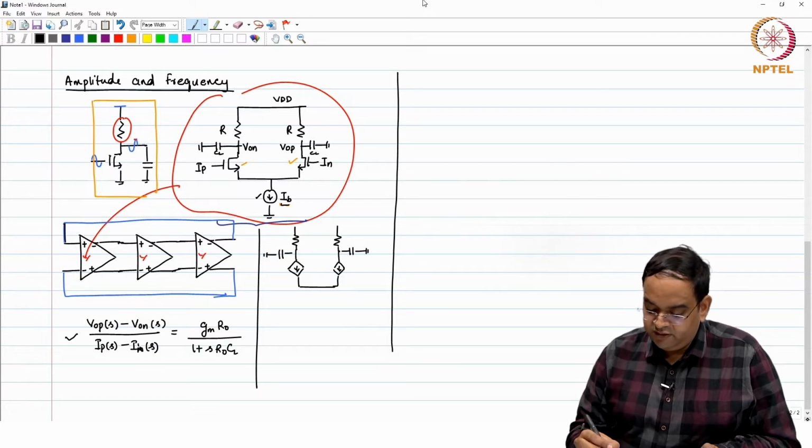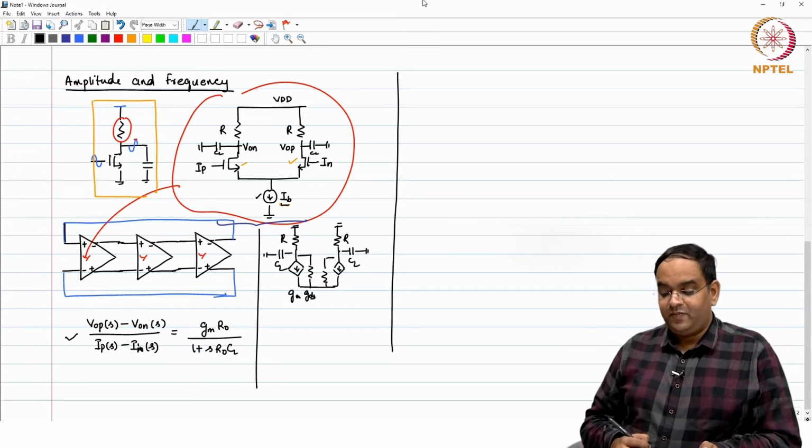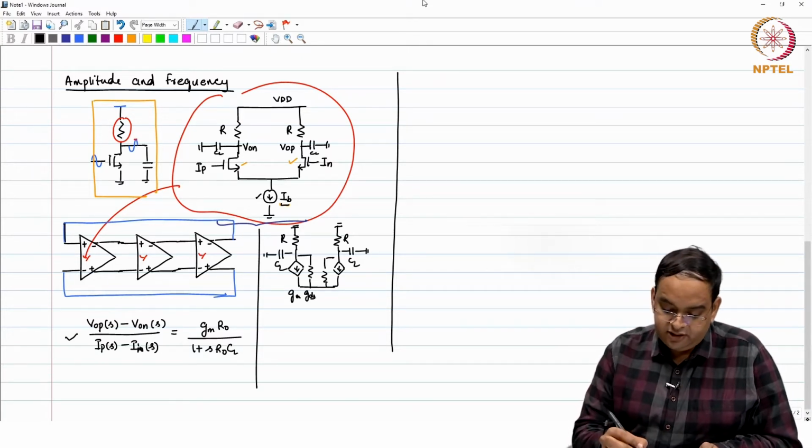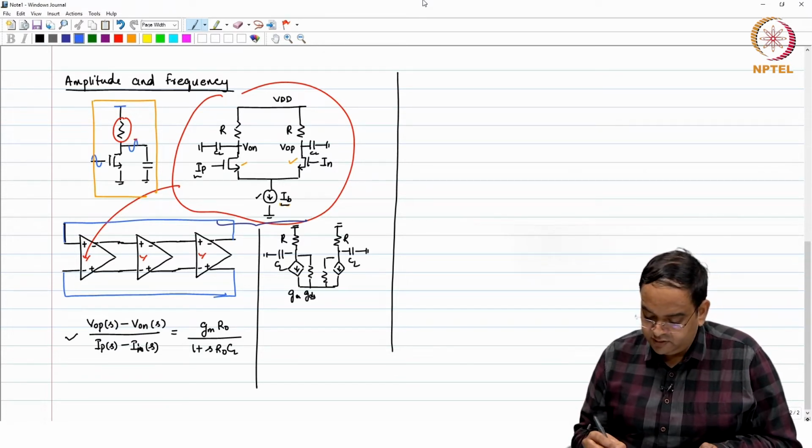Now, if there is any GDS of the transistor, the GDS will also come in. Okay, this is ground, this is ground. So, this is R, CL, R, CL. You have GM and GDS, and corresponding IP and IN you are going to have at the input.